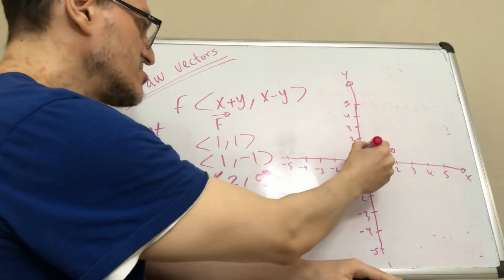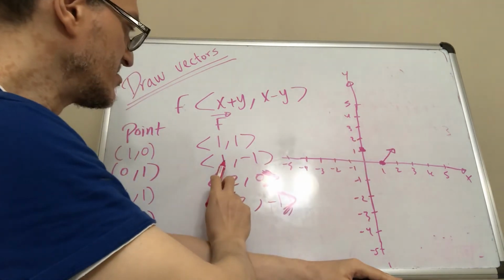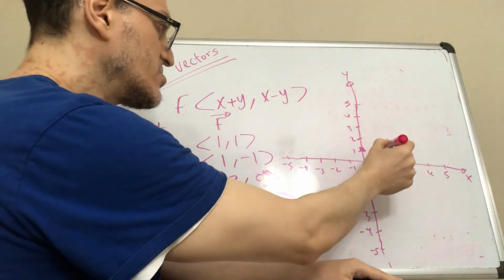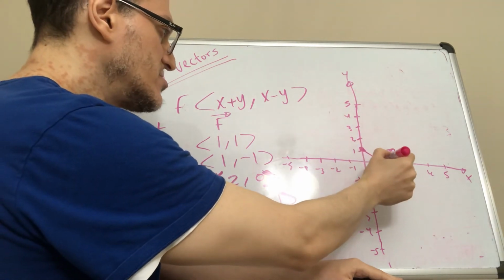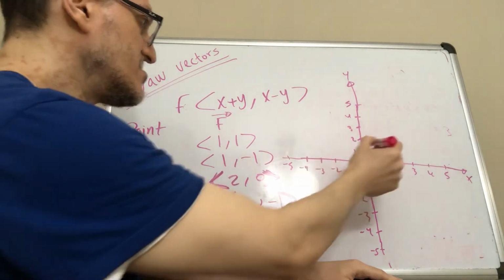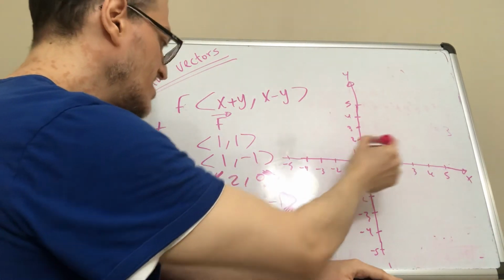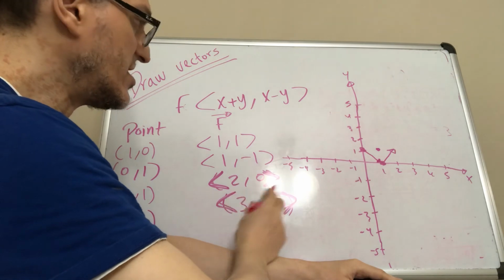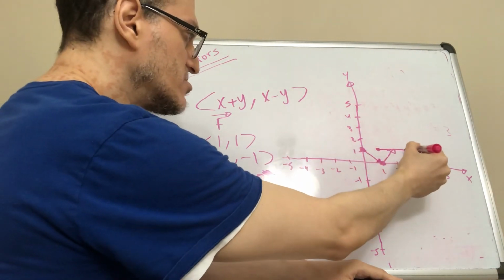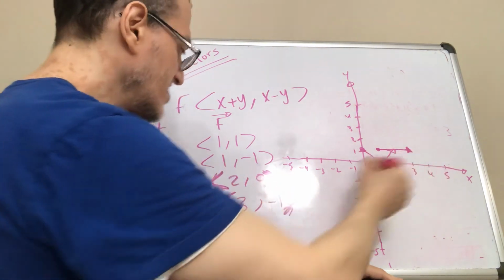Point 0, 1, this is the point 0, 1. According to this, you go right 1, down 1. Right 1, down 1, that will take you to this point. We need 1, 1. This is the point 1, 1. According to this, you go right 2 and up 0, so you just go right 2, we go to this point.